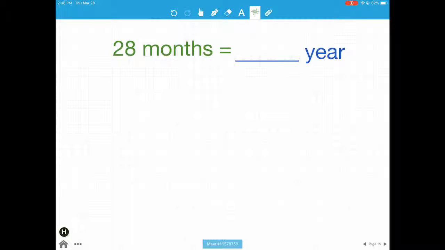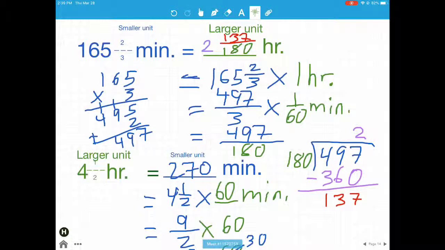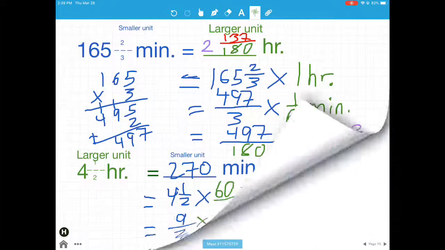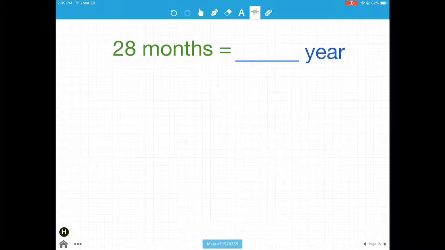Here's a simple, straightforward one. There's no actual fraction with the whole number. But do we have to use a fraction for our conversion? Well, a month is smaller than a year. So it's smaller to larger. So yes, we're going to use a fraction. All right.